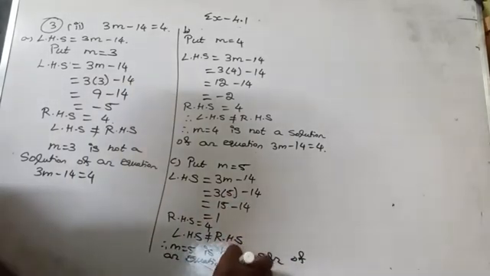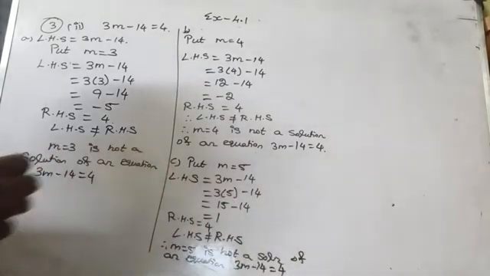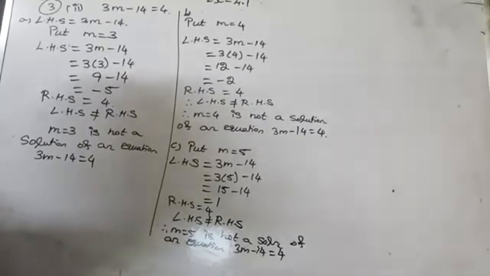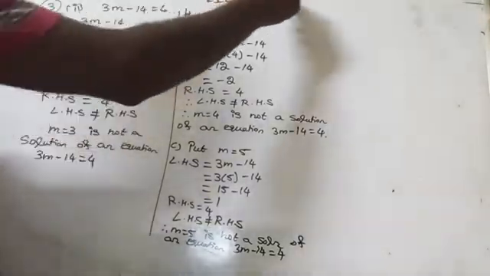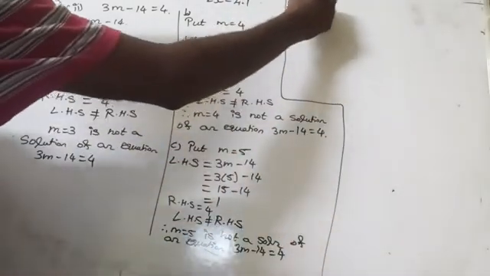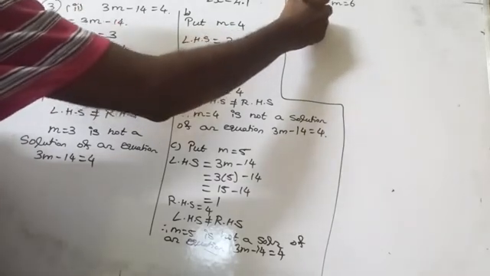3m minus 14 is equal to 4. Am I right here? Now check for m equal to 6. Put m equal to 6. On the left hand side we have 3m minus 14.